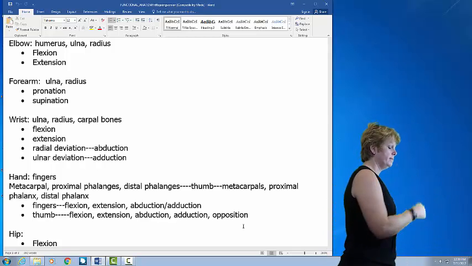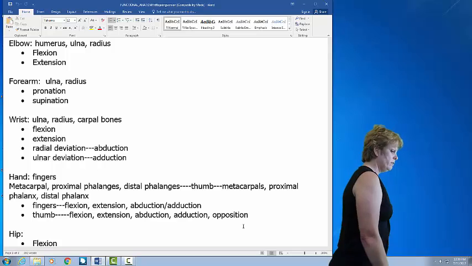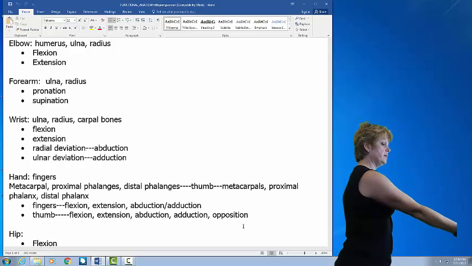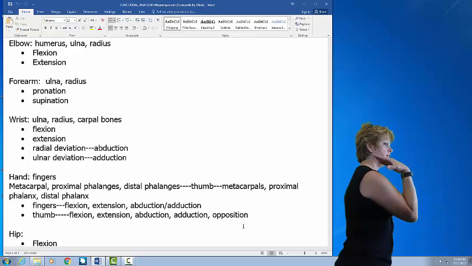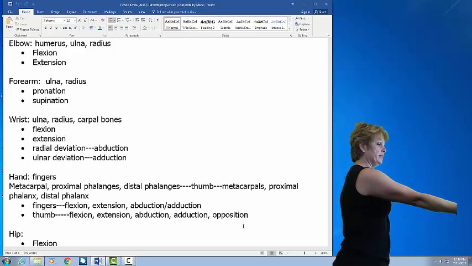Elbow flexion. From flexion, we go to extension. From flexion, the starting point, this would be extension. So again, that would be elbow flexion, and the starting point for extension would be flexion into elbow extension.